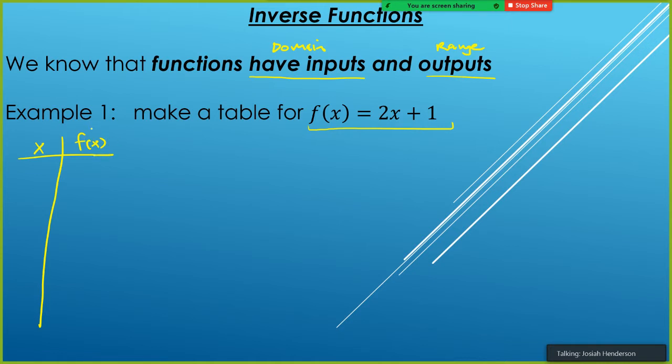The f of x is just like another way to write a y, okay? This is going to represent our range numbers. Now, it doesn't tell me what I should use for my domain or my range, right? So I'm just going to pick some numbers that are around 0. So let's do 0, 1, 2, and 3 for my inputs.